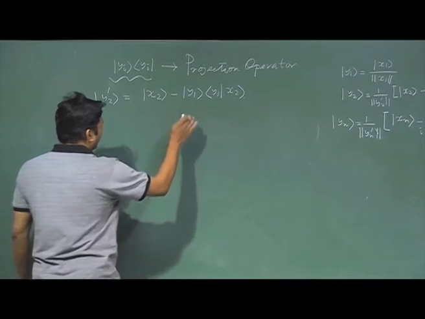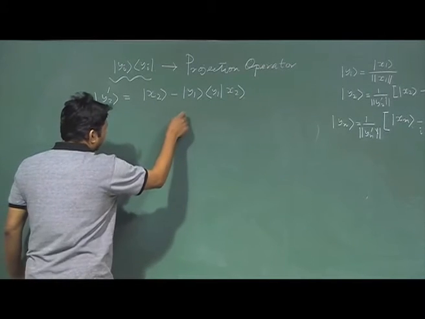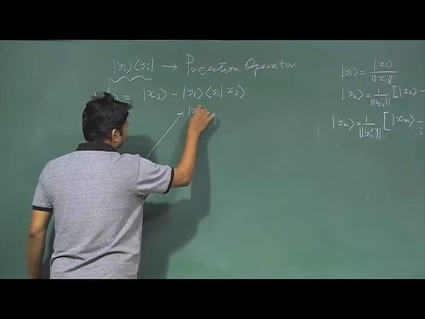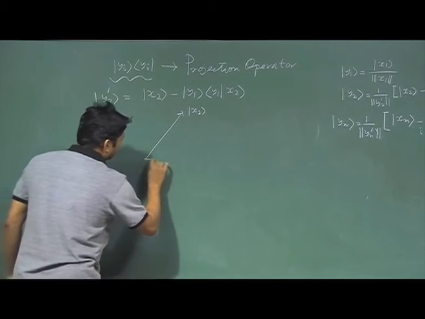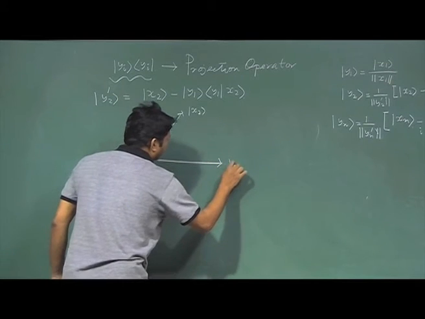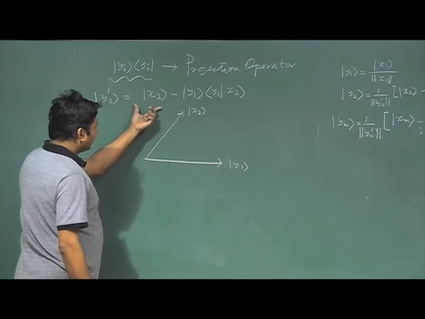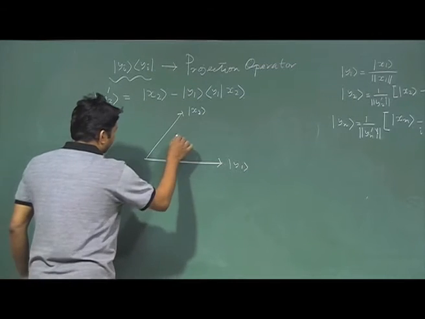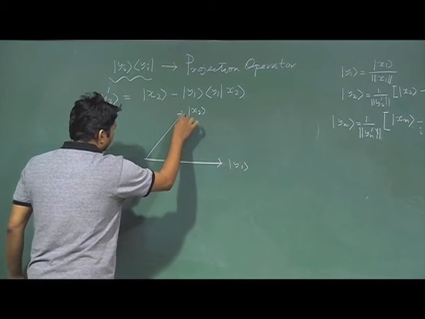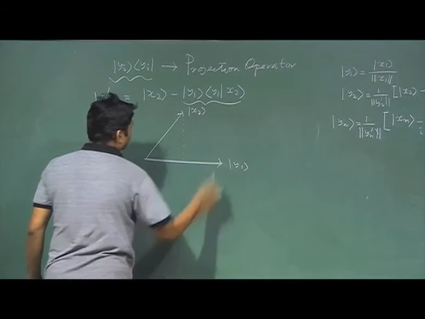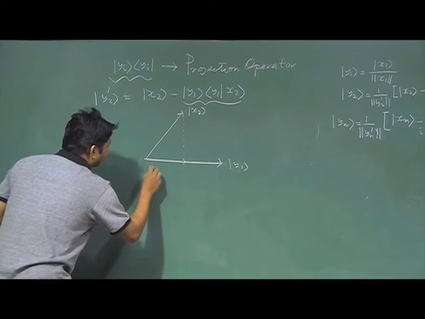My x2 was in this direction. Say this is the direction of my y1. So this vector is x2 minus the projection. So the projection, I just say that this vector is this one.